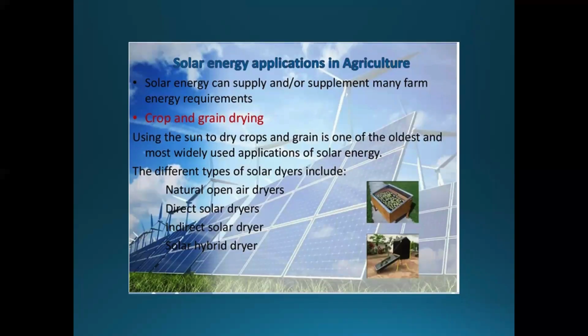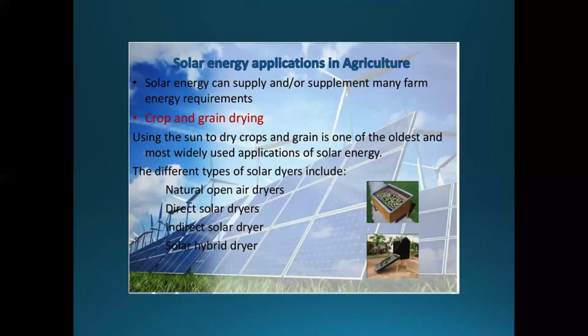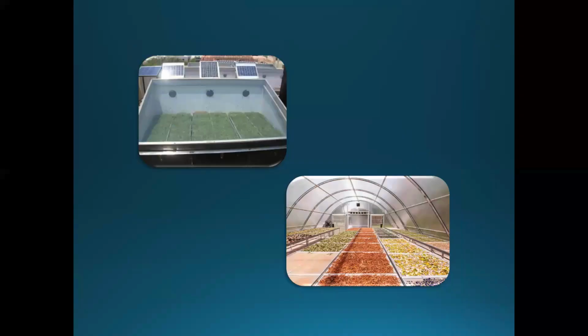So natural open air dryers are there, direct solar dryers, indirect solar dryers, solar hybrid dryers are there. Hybrid technology, in the sense a combination of one or more drying technologies, we call it hybrid technology. Okay, so solar hybrid dryers are also there. All these are mostly used for drying of agricultural material. Drying means we remove moisture content from a product to a desirable limit. So that is said to be drying.